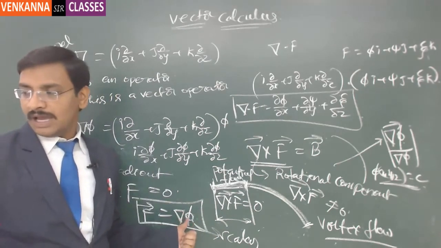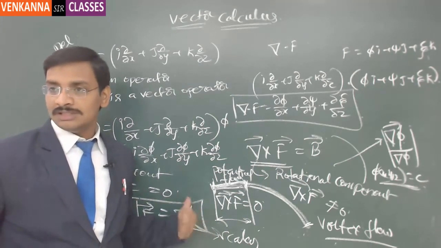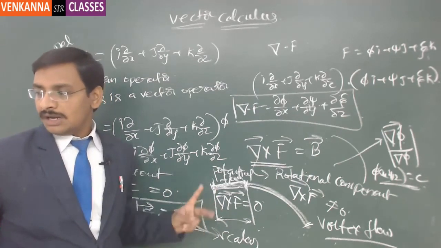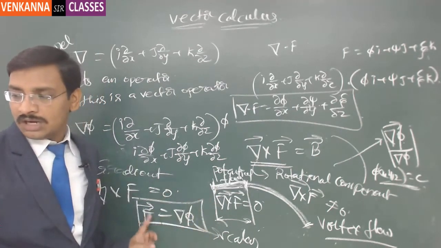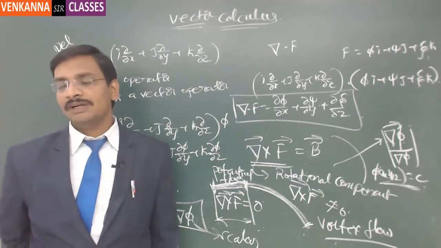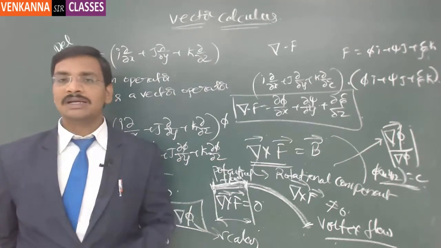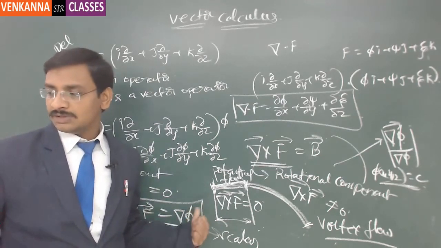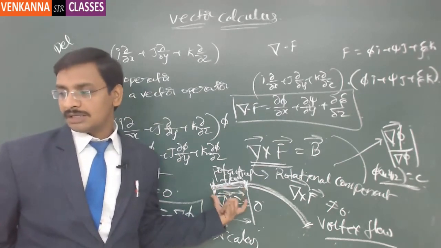We calculate the phi value first because that is easy to calculate, and then add up the effect of both the charges, and then apply del on this to get the value of the electric field, right? Even for a magnetic dipole, you can do exactly the same analysis. So this is applicable where del cross F is equal to 0.